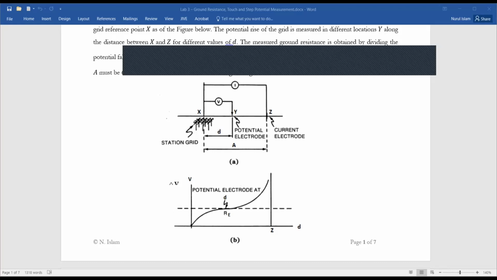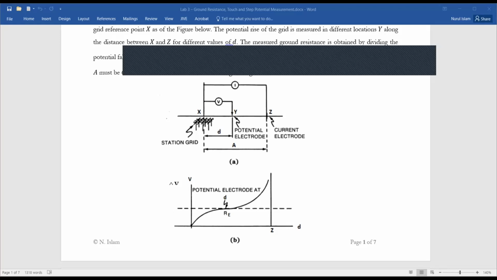Now we'll take another electrode, electrode Y, and drive it starting from a closer distance to this reference point, and move it further. For each position of Y, we'll measure the voltage. When Y is very close to X, the reference point, the voltage will be a small amount.